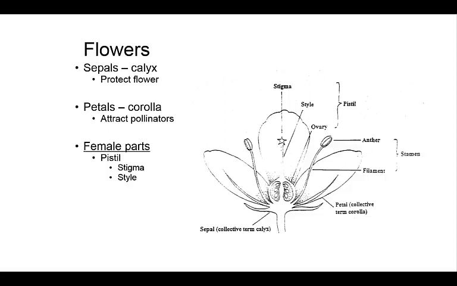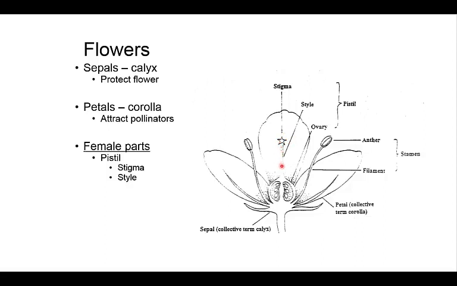The female parts, shown here in the center of this diagram, there's 3 main parts. There's the main part called the pistil. All of these structures together are called the pistil. And the pistil consists of a stigma at the top, which is sticky. That's how I remember it, as the stigma is sticky.